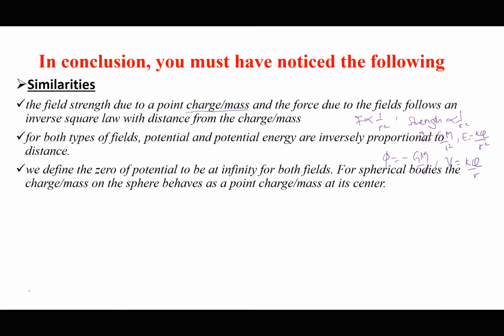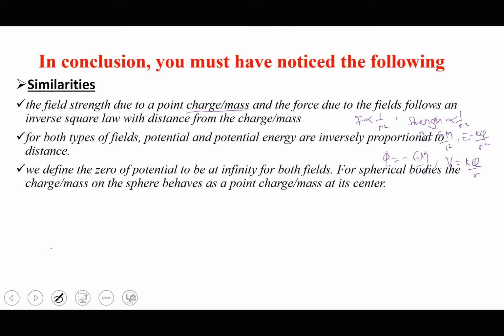Why? Since the field lines are radial, they appear to be terminating at the center if it is a mass, or radiating from the center if it is a positive charge. So spherical masses and spherical charges can also be considered point charges since the field lines are radial and appear to be originating from the center.